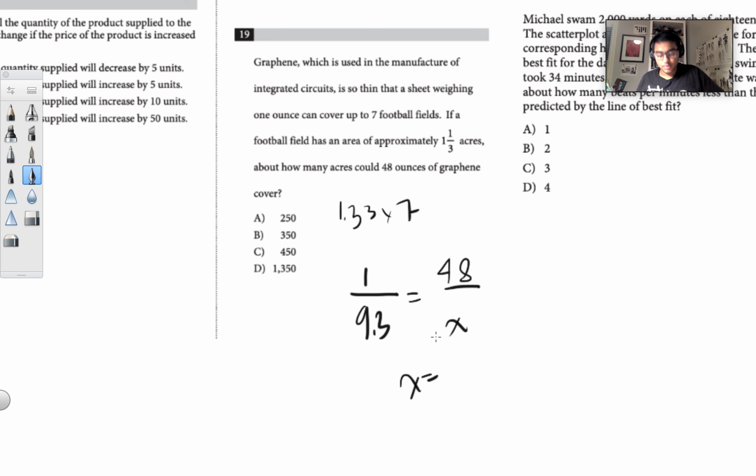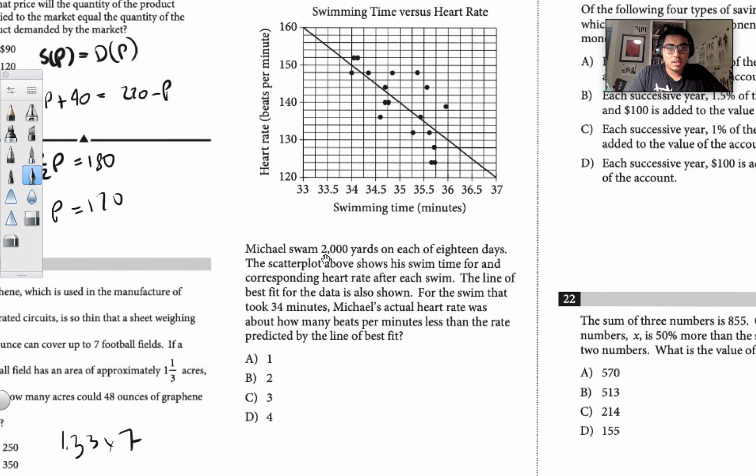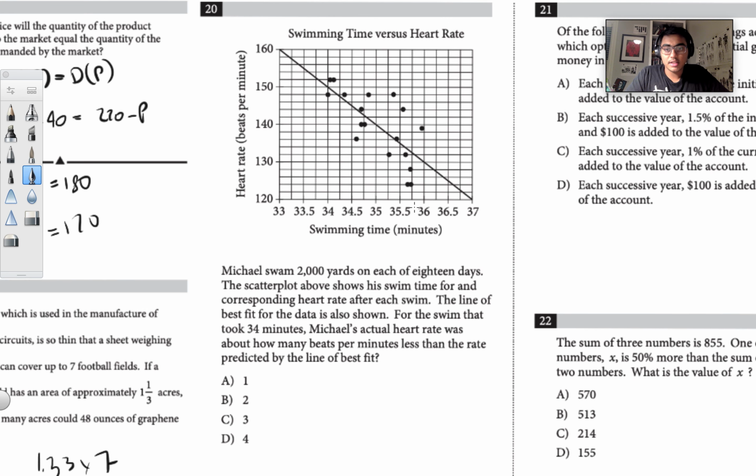X is equal to 446, which is about 450. I'm sorry, guys.